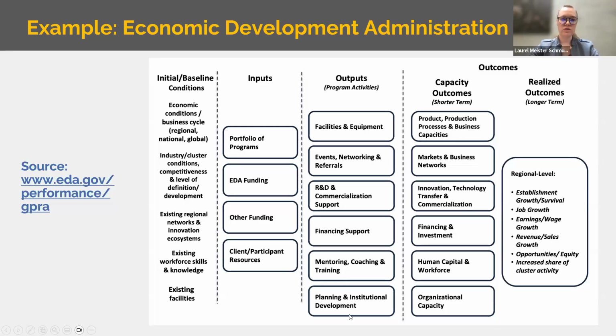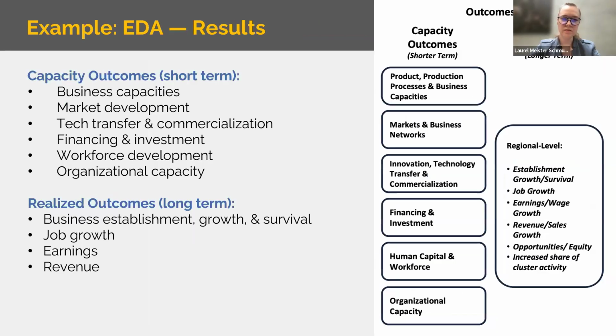And this is why it's so important to look at the particular agency's guidance on how they're thinking about logic models. And zooming in on the outcomes or results section here, they also have 2 different types of outcomes that they're looking at, which is pretty unique to this model.